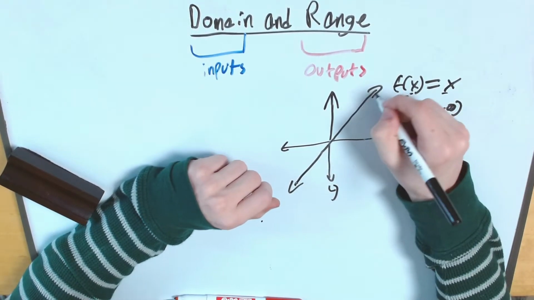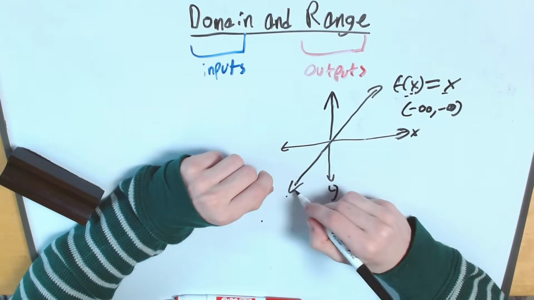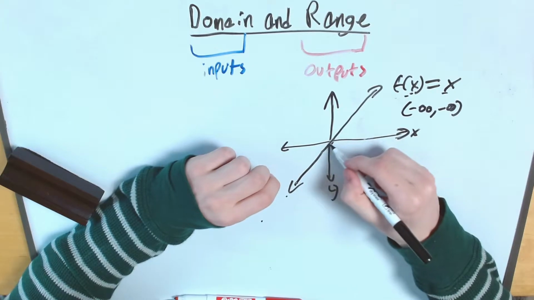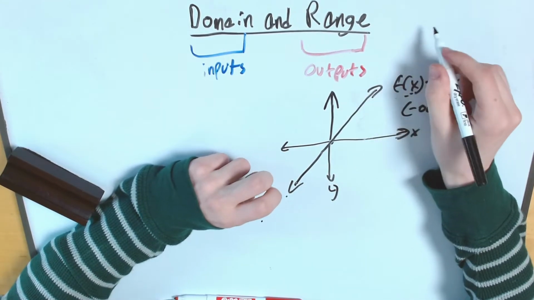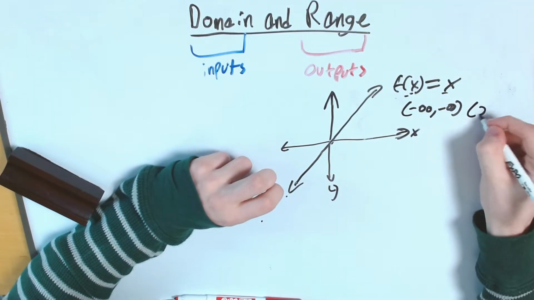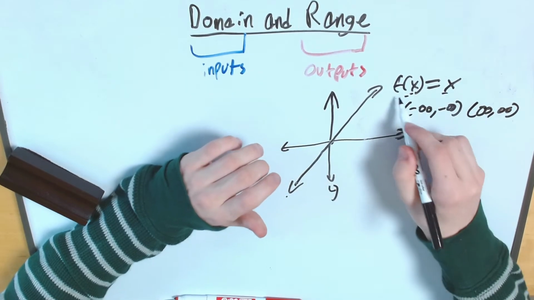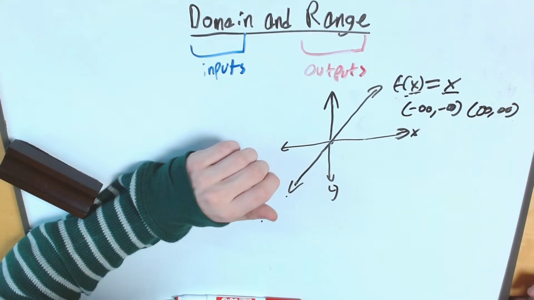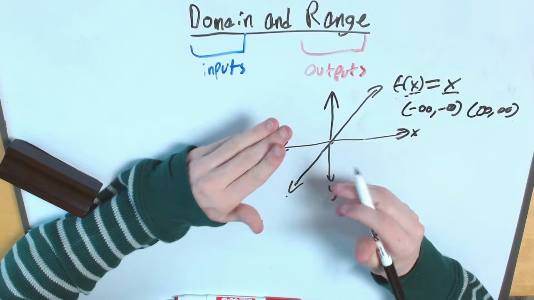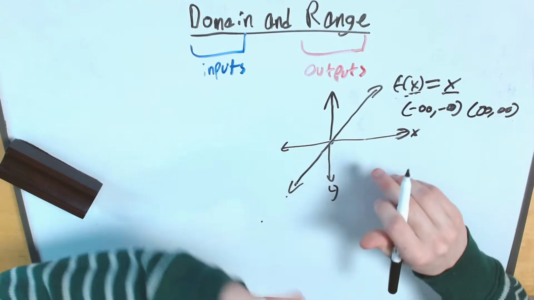On the other hand, we'll have (negative infinity plus 1, negative infinity plus 1), all the way up to 0. Then we'll go 1, 2, 3, 4, 5, all the way up to infinity and infinity. Because you can plug in an x, we get the same value. So we have every point from negative infinity to infinity.